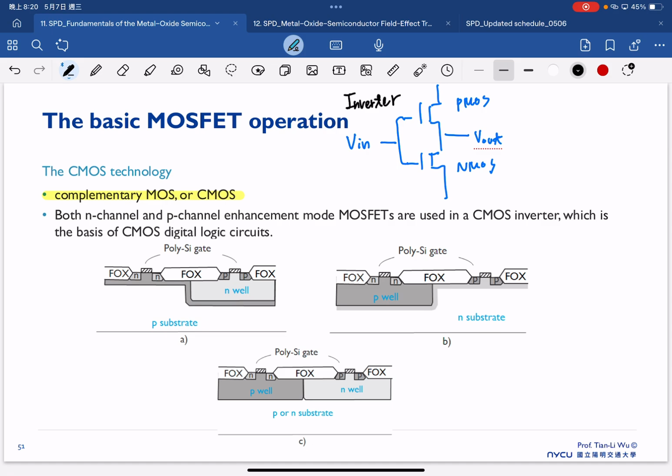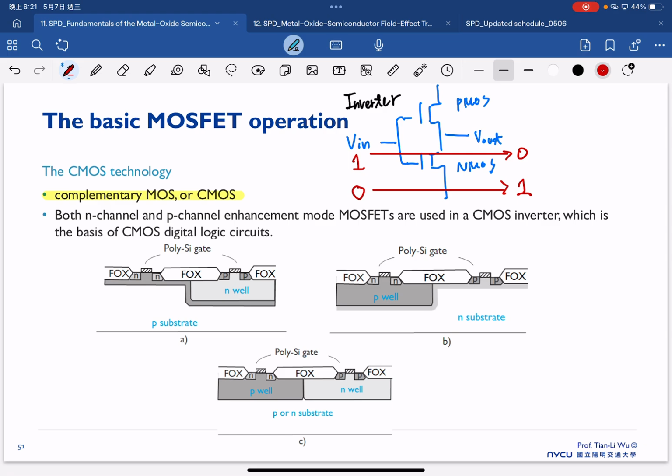In the case of an inverter, once we give the logic signal as a 1, we will have the output signal as a 0. If we give the input signal as a 0, we have an output signal as a 1.